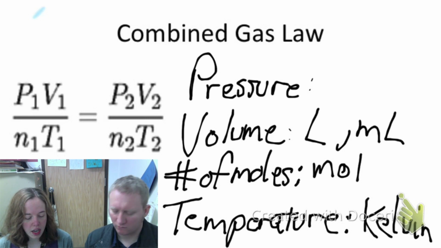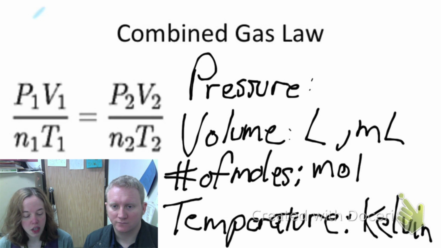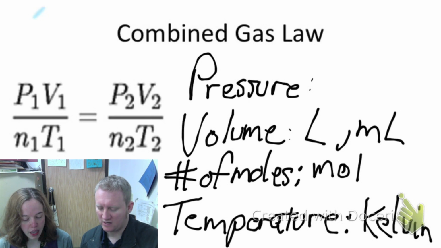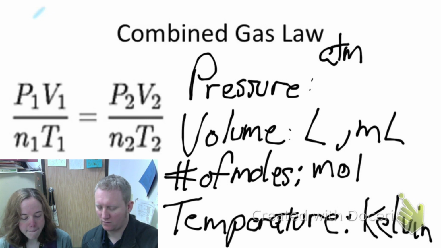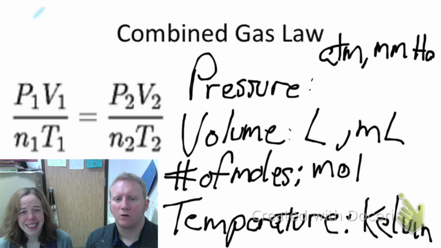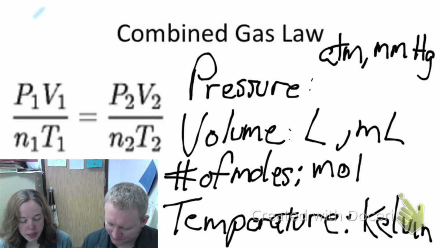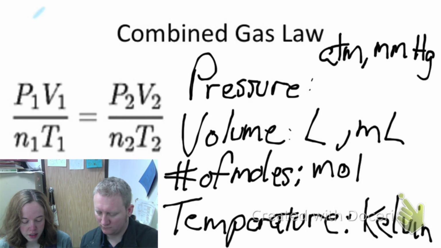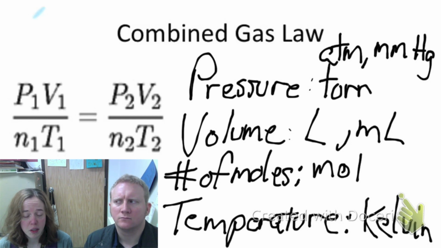Then pressure gets a little weirder. You have several options, but they're not really any different. Pressure can be in atm, atmospheres. It can be in mmHg, millimeters of mercury, which is literally based on the millimeters of mercury in a column. It can be in torr, which is mathematically exactly the same as millimeters of mercury; they just gave it a special name.